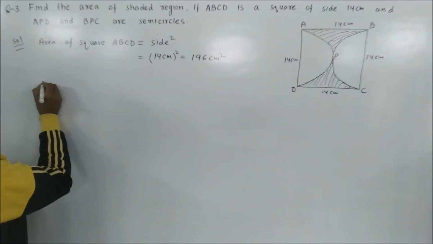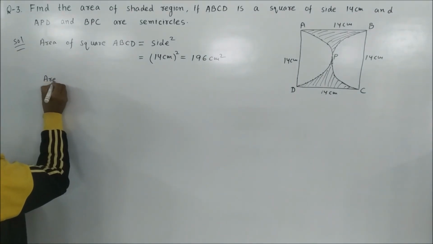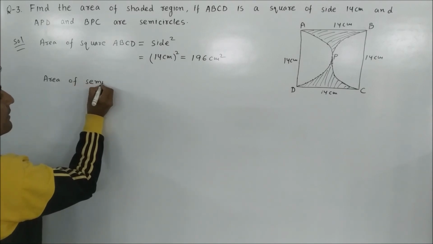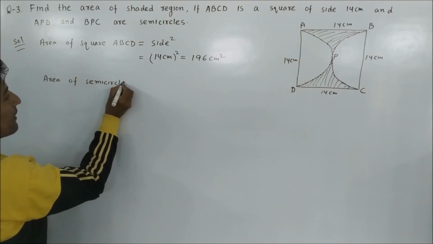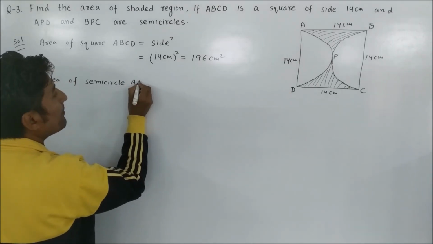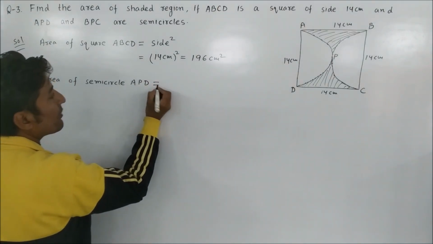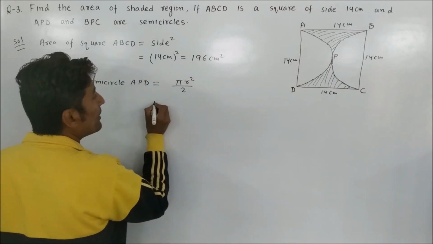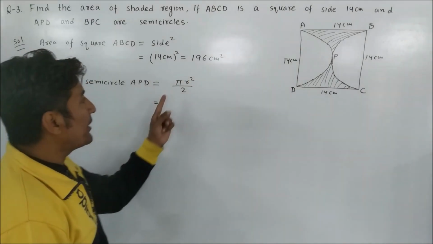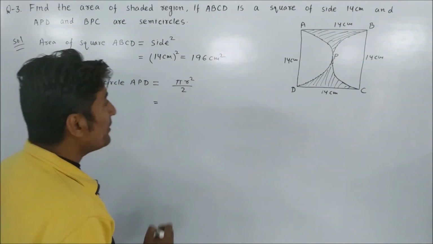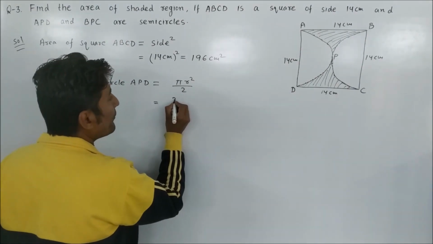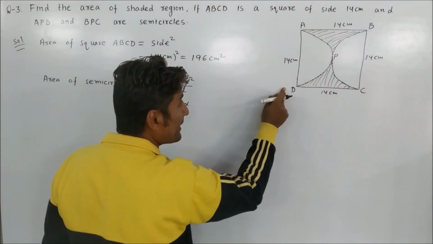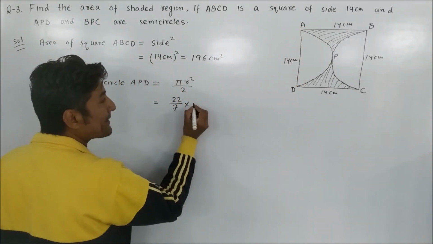So here we can write area of semicircle APD is equals to pi r square upon 2. To find the area of semicircle, we can use the formula pi r square upon 2. On the place of pi, we can write 22 upon 7. Radius is already given. Since this is the diameter, the radius will be equals to 7 centimeters.